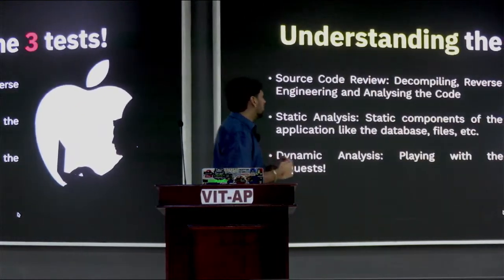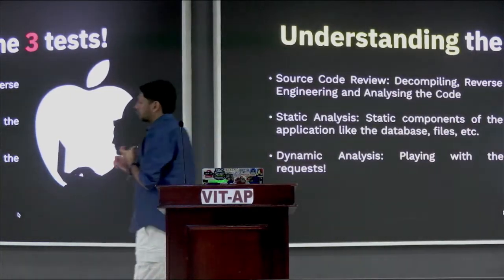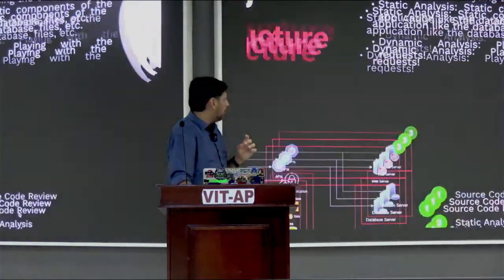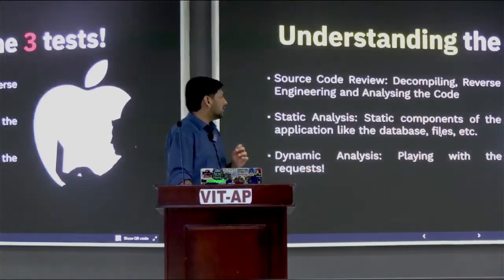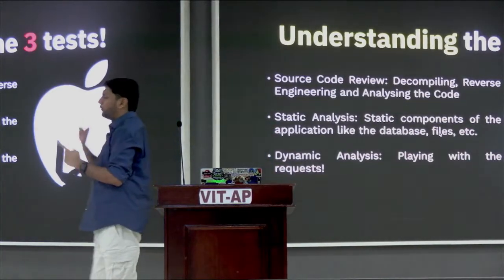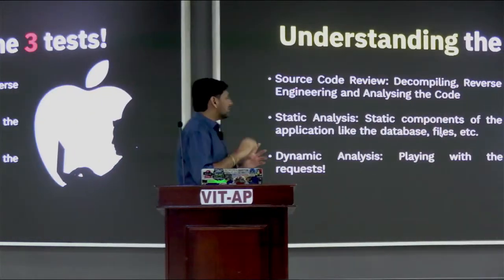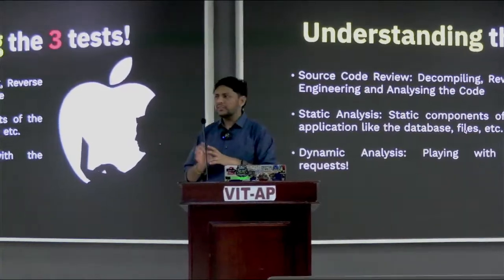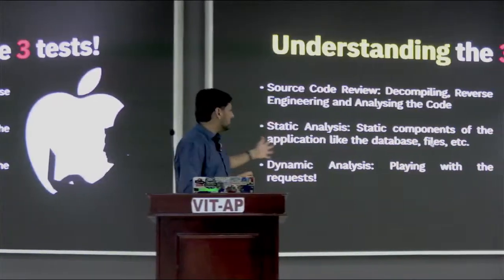So we have three test cases that we usually perform. One is called a source code review. That is basically reviewing the code that we talked about. That is over here, the source code review. The second one is the static analysis, which basically means that we'll be reviewing the files, the local databases, etc. And the third one is dynamic analysis, which means that we'll be playing with some of the requests, which we might be able to do today or not, or we'll see.